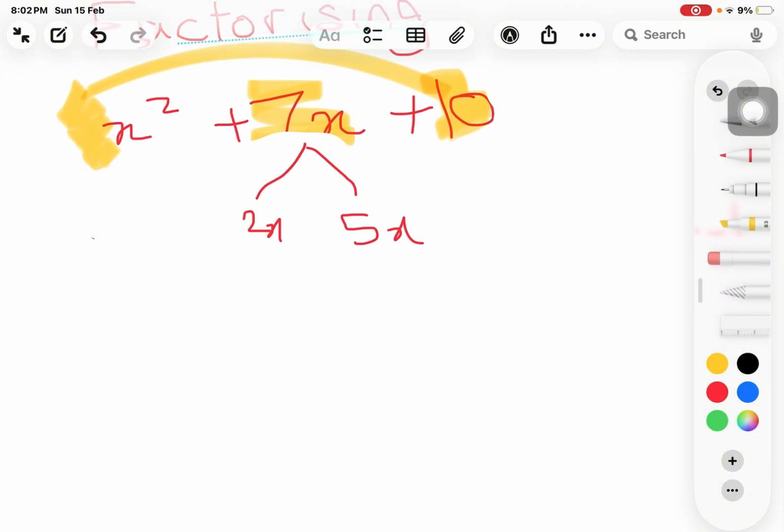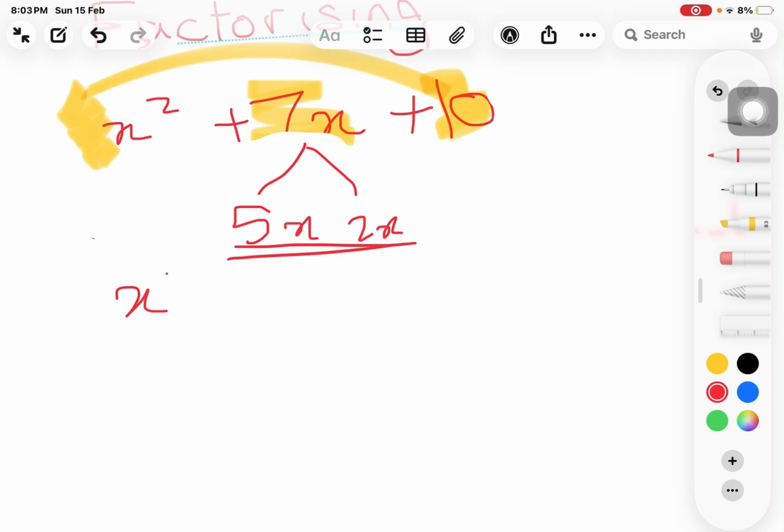For example, you can do just 5x and 2x, or the other way. I don't care, actually, no one cares. Do whatever you want. You should rewrite the equation with those numbers. So x squared plus 5x plus 2x plus 10.